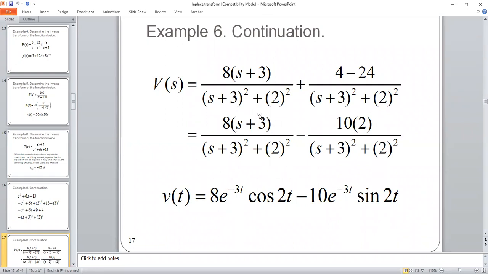You have an s in the numerator and you have an s squared and a constant squared in the denominator. That's a cosine. If you don't have the shifting, it's a cosine of 2t, taken from the 2 here. But since you have here a plus 3, you have to account for it. Meaning you have to account for the shifting by multiplying the cosine 2t by e raised to minus 3t.